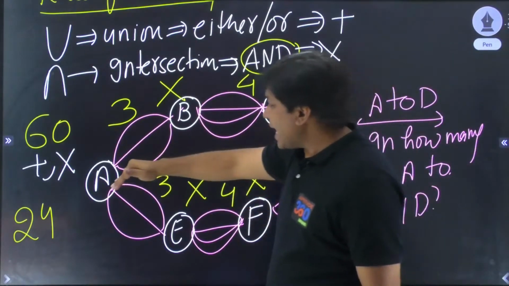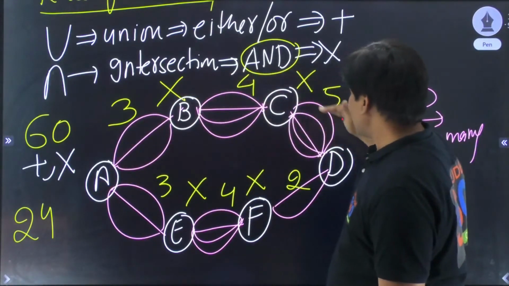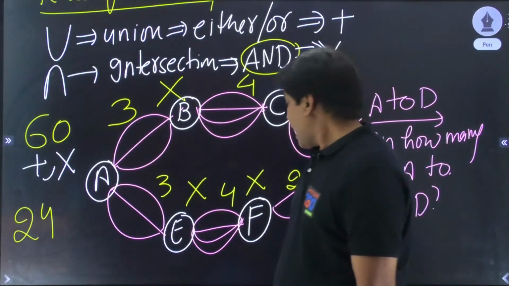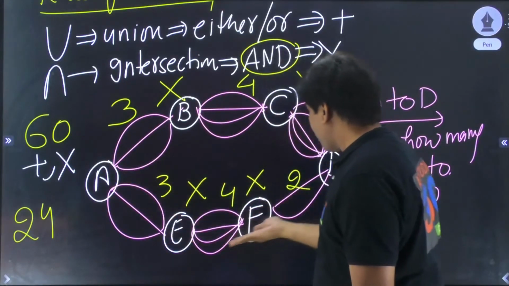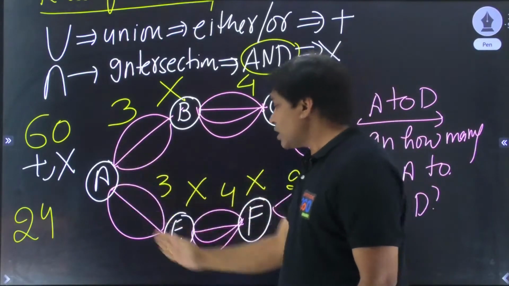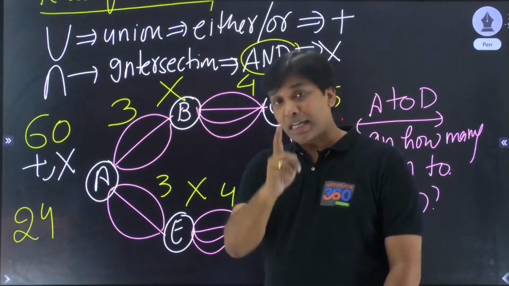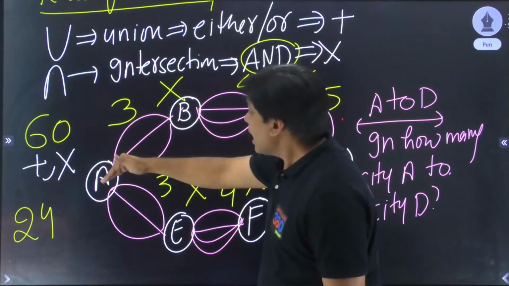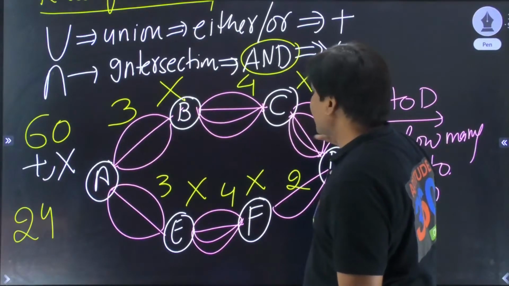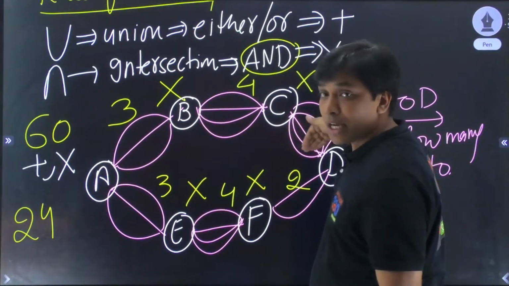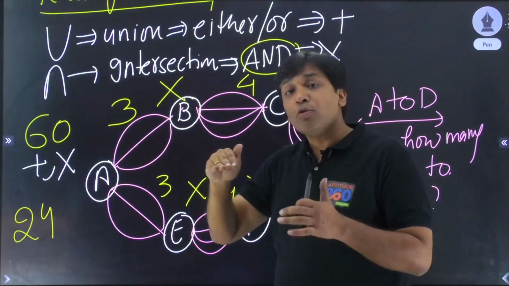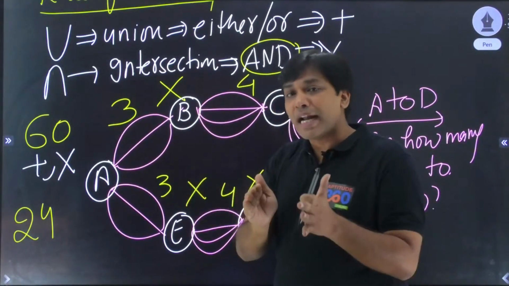In 60 ways, a person can go from A to D, is it not? And in 24 ways, the person can go from A to D by choosing this path. Now, please understand this. The person will take either this path or this path, isn't it? When you say either this or that, what does that mean?